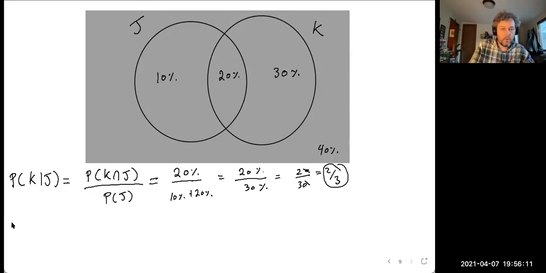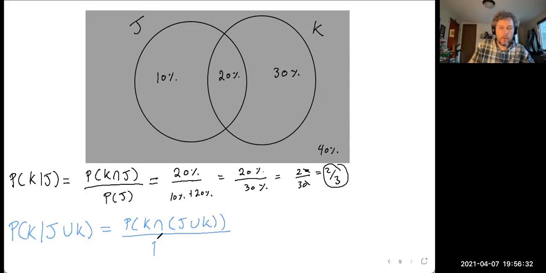Let's do a slightly harder one. The probability of K given J union K, well, that's going to be the probability of K intersect J union K over the probability of J union K. Okay.